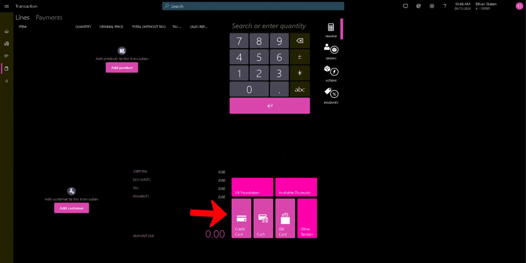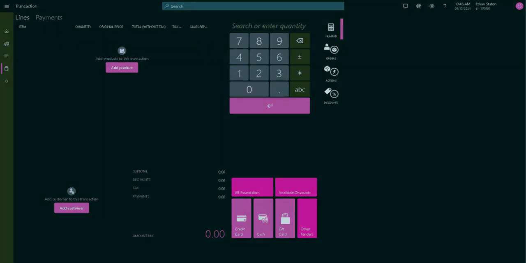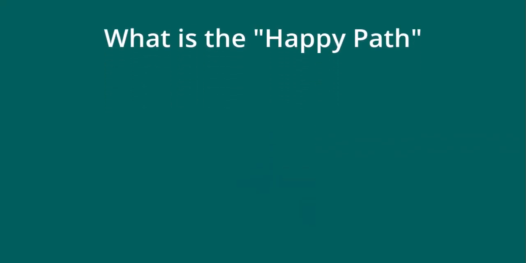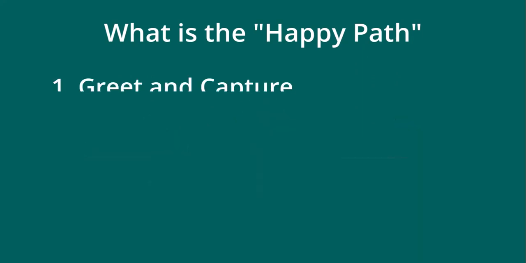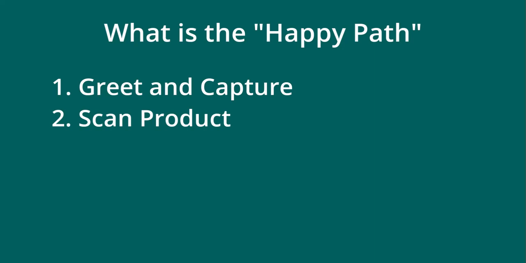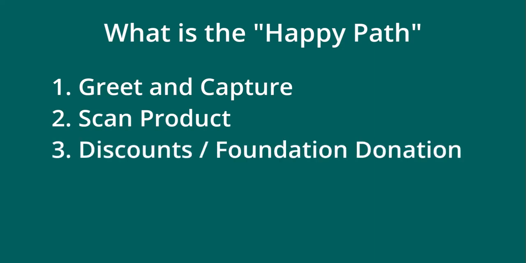Great. So now before we walk through a transaction, what is the so-called happy path? Basically, what happens between a customer walking up to your register and the customer walking away with their receipt and a smile on their face? First, we greet and capture the customer's name, email, and phone number. Then we scan their products. Then add any discounts that apply and ask if they would like to donate to the Vera Foundation.